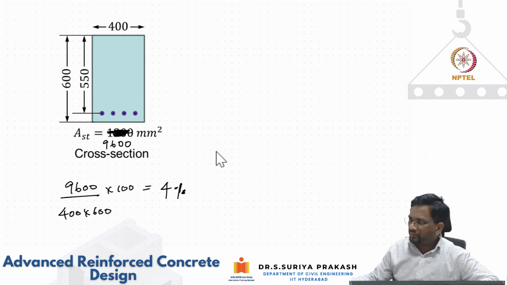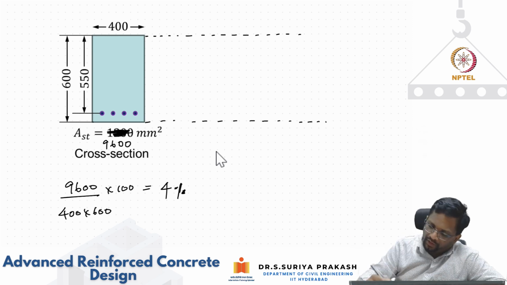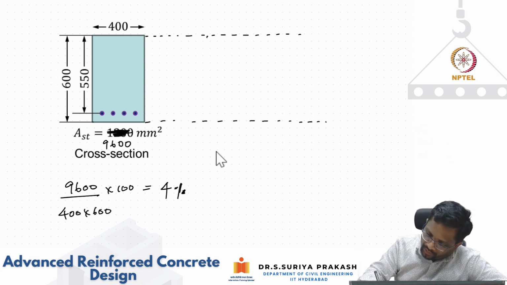Now, what is the ultimate condition? Again, the same. So how do we define the ultimate condition? You take this strain of 0.0035 in compression. That is what the ultimate condition is.